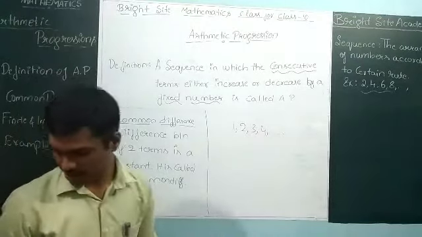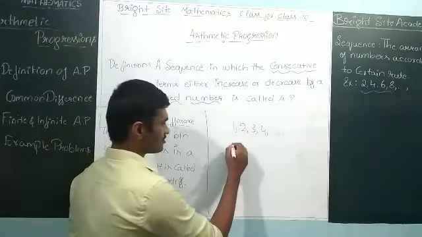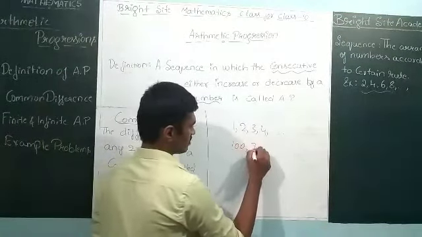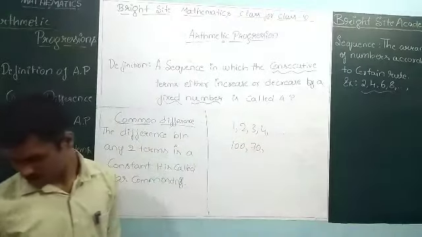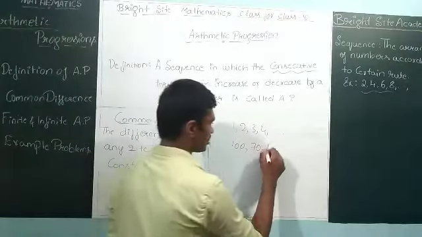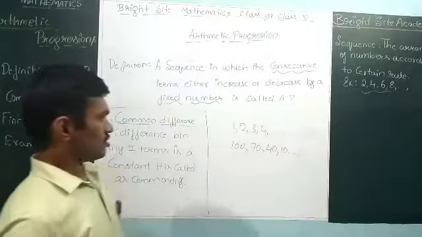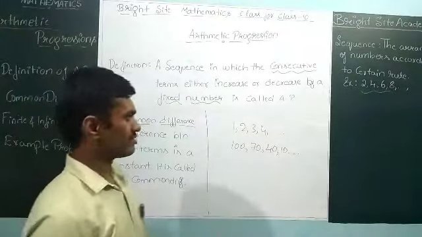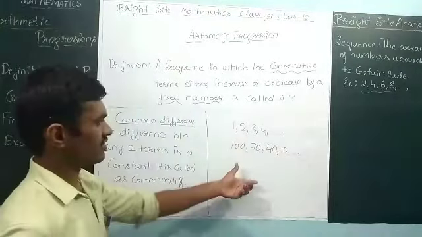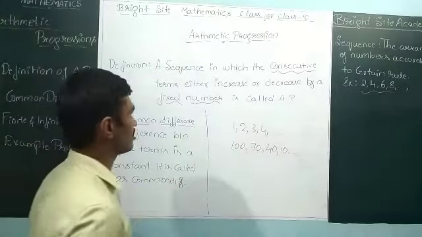You can take another one, that is 100, 70, 40, 10, which is given in your textbook, right? So what can you observe here? Comparing this definition with the examples, you can understand better.